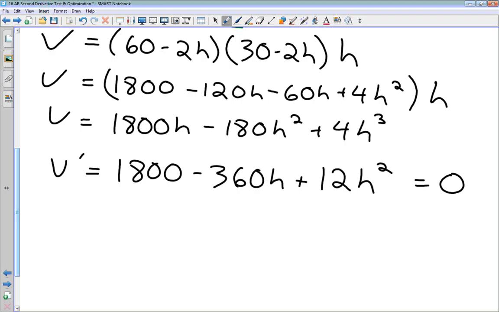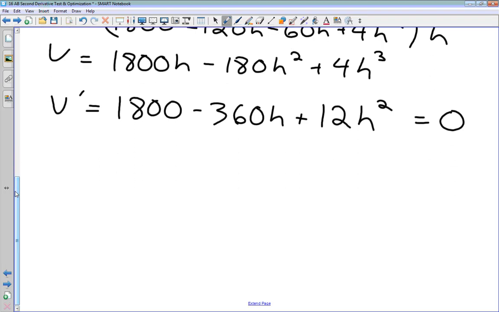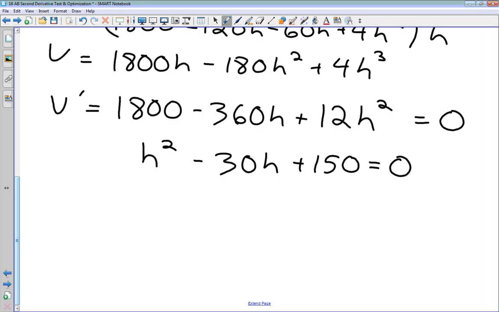Okay. Well, let's see. We can divide everything through by 12, and that 12 is just going to go away because we've got 0 on the other side, which is going to leave us with h squared minus 30h plus 150 equals 0. Ideally, we would solve this by factoring.